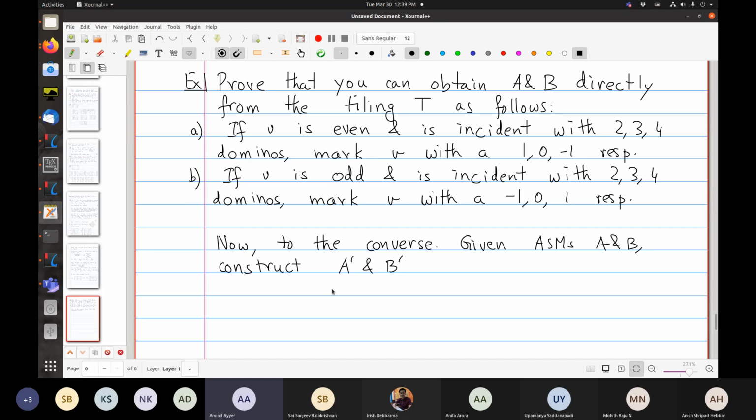Okay, maybe I should do that. Of order n and n plus 1 respectively, constructed. And then form the height function ht.